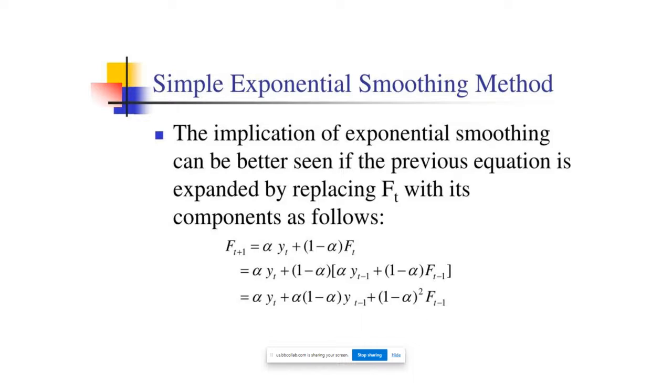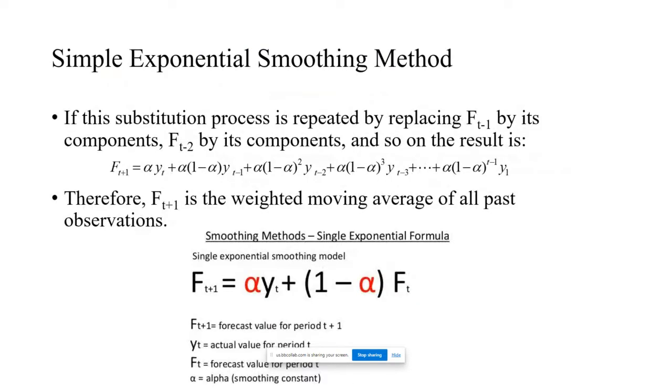And again, it's giving you a derivation of how the exponential smoothing model was arrived at. So it's a continuous substitution process. You keep substituting in, and here's the full equation.